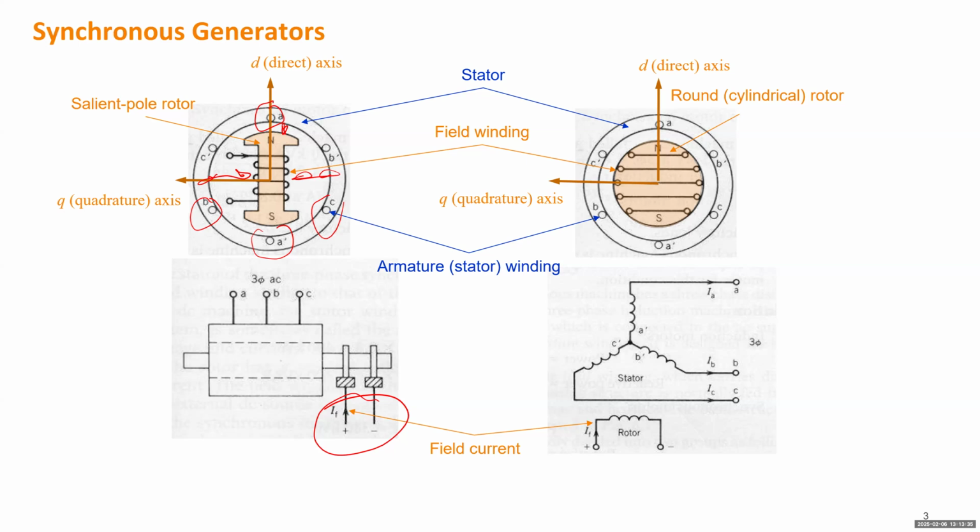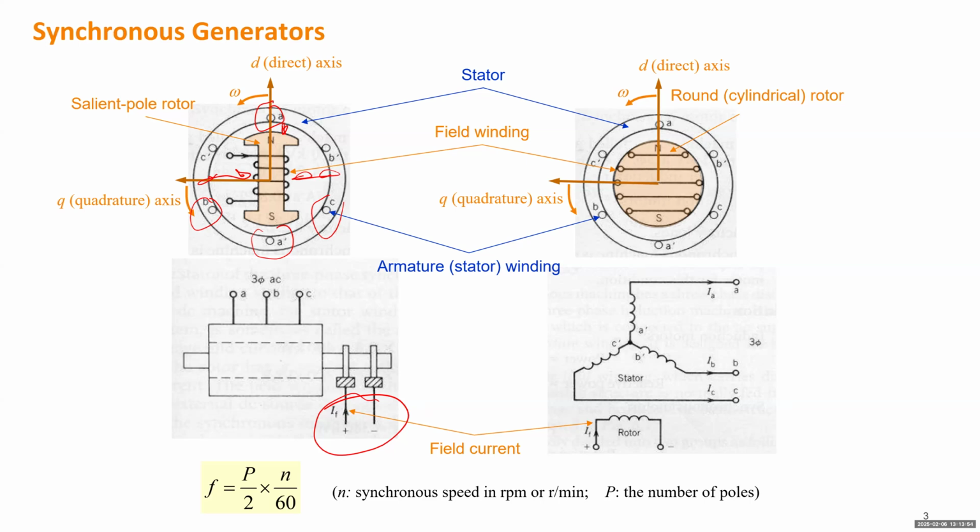This is based on the IEEE standards. The IEEE standard recommends q to be leading d by 90 degrees. There's one consideration, because later we'll assume q to be parallel with the imaginary axis.